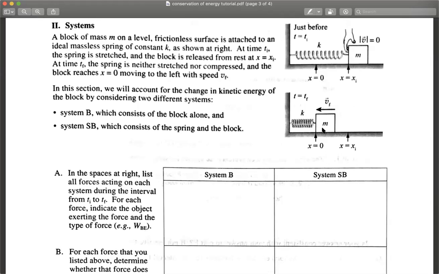But if you define your system as the spring and block together, you'd still have the normal force and gravity, but then you'd also have a force from the wall on the spring. Because the wall doesn't move, it doesn't do any work on the spring. So if you define the whole system as spring plus block, then you don't have to consider work.